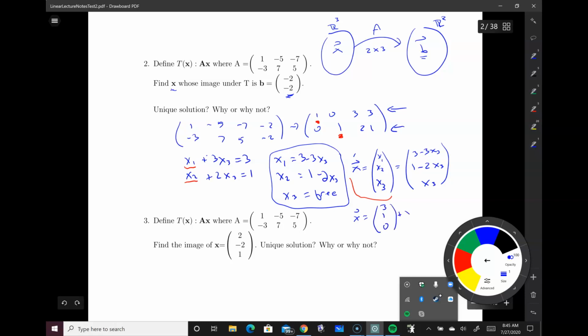And then I would add on those that have the parameter x3 in it. So that would be -3, -2, and 1. So this is the parametric description of the solution. Since I see I have a free variable, I know that it is not unique. And I know that there are infinitely many solutions.